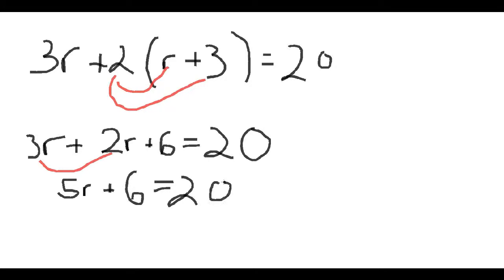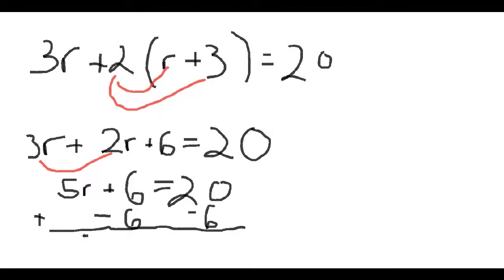Same thing here, we gotta add the reciprocal of 6, which would be, let's add minus 6 to both sides to get rid of that 6. And then we're left with 5r. Only write that a little bit bigger.